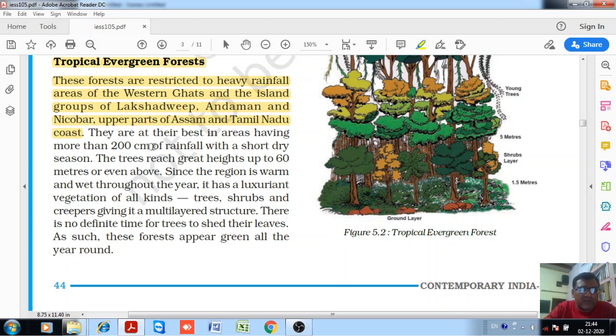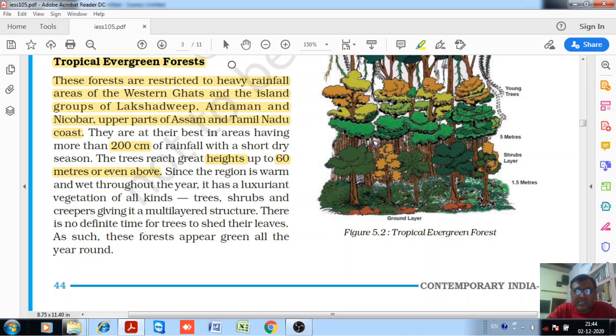They are at the best in areas having more than 200 centimeter of rainfall with a short dry season. Means that dry season is not so much important. These areas receive rainfall of more than 200 centimeter, and these trees reach up to 60 meters of height or even above.